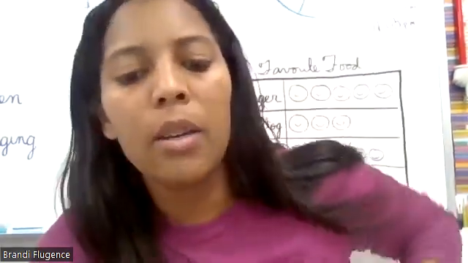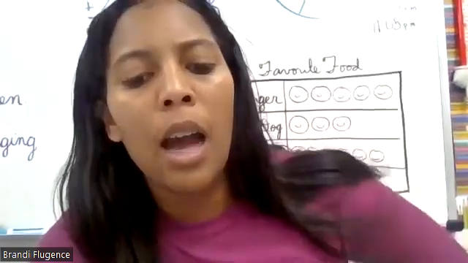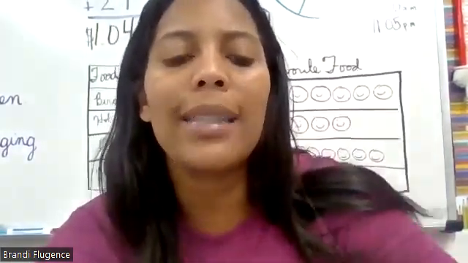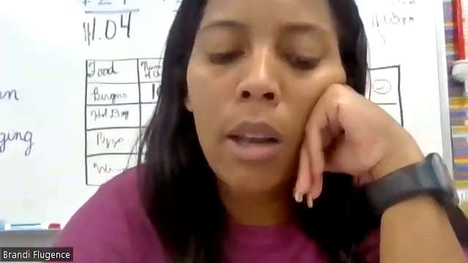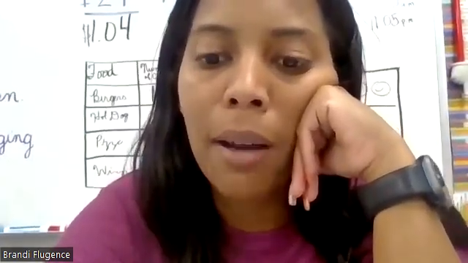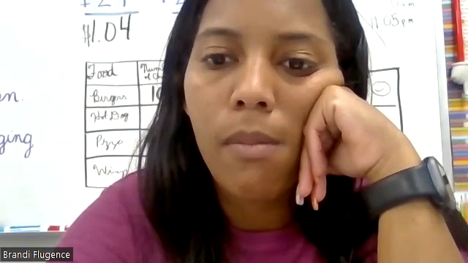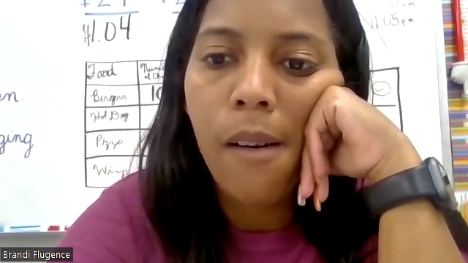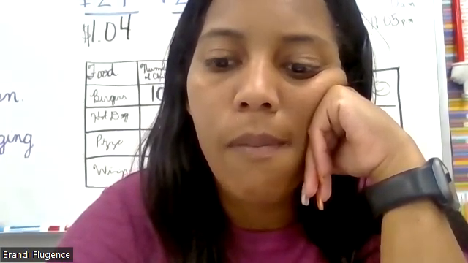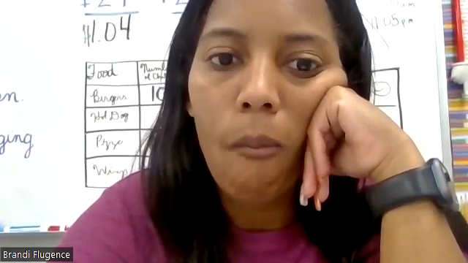All right, next one, room 2. Dennis, how many donuts were eaten in room 2? Now look, you have the 2s and then you have a half. 2, 4, 6, 8, 9.